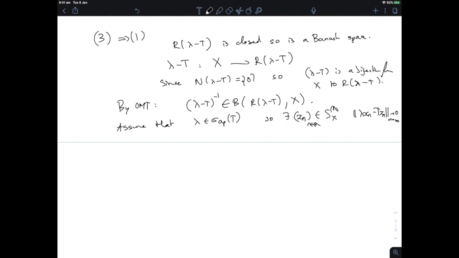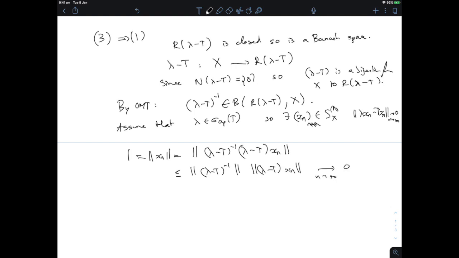So you can apply the inverse to that, and what you get is that the norm of xn, which is 1, has to be equal to the norm of lambda minus t inverse, seen as a bounded operator from the range back to x, applied to lambda minus t applied to xn. Okay, but that is smaller than the norm of lambda minus t inverse times the norm of lambda minus t applied to xn, and lambda minus t applied to xn goes to 0. And so we get a contradiction. And that concludes the proof of this little proposition and this very short video that just described approximate point spectrum for bounded linear operators between Banach spaces.